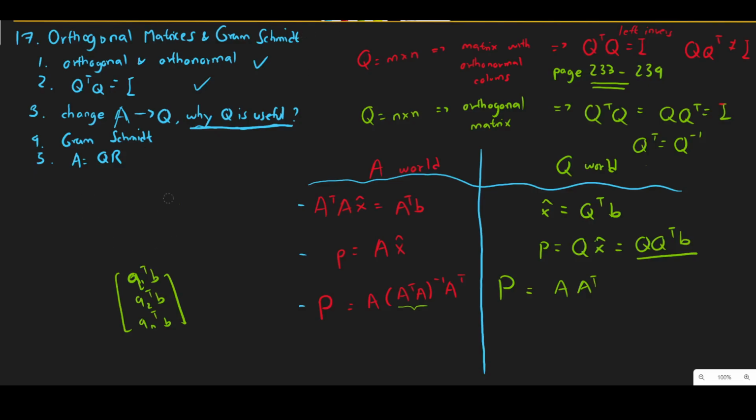And what if we multiply the Q here, again with only the column vectors, up to Qn? This is just acting like a combination of the columns, right? So in the end, we will have Q1 times Q1 transpose B, plus Q2 times Q2 transpose B, and so on and so forth.